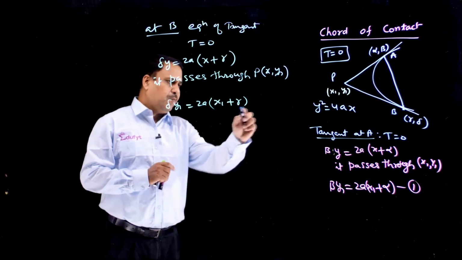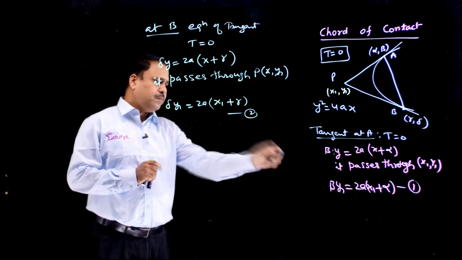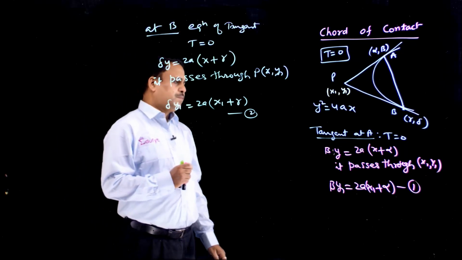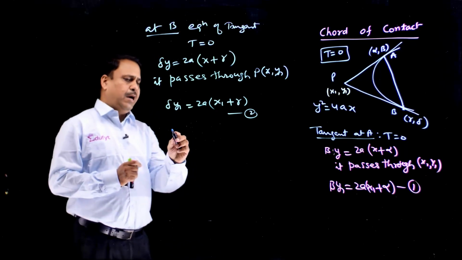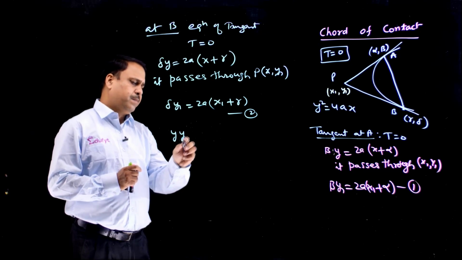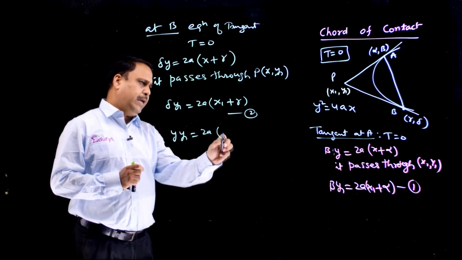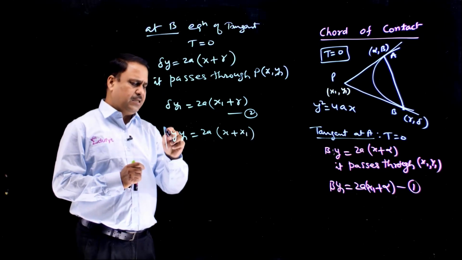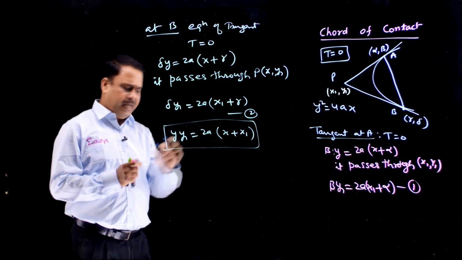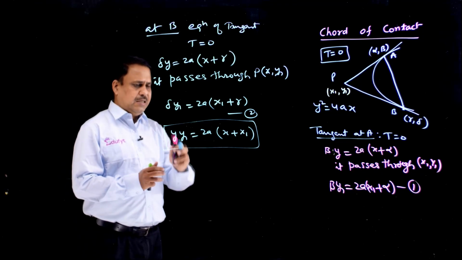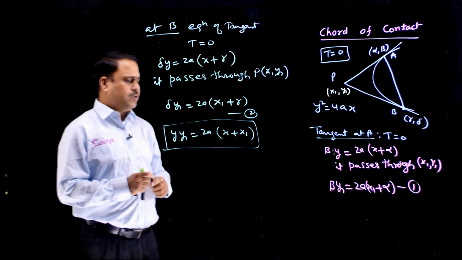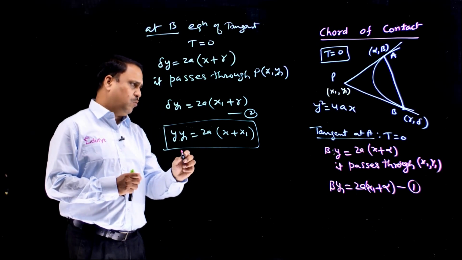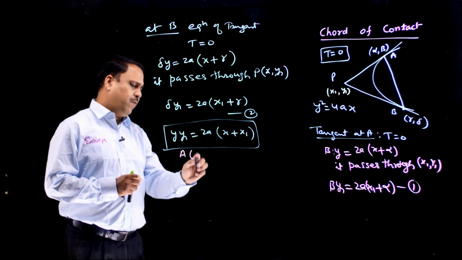So now one very important thing is, if I consider the equation y y1 is equal to 2a x plus x1. Suppose I consider this equation. Can I say that, as it is a linear equation in x and y, it is the equation of a line, and this line is passing through point A, alpha, beta?